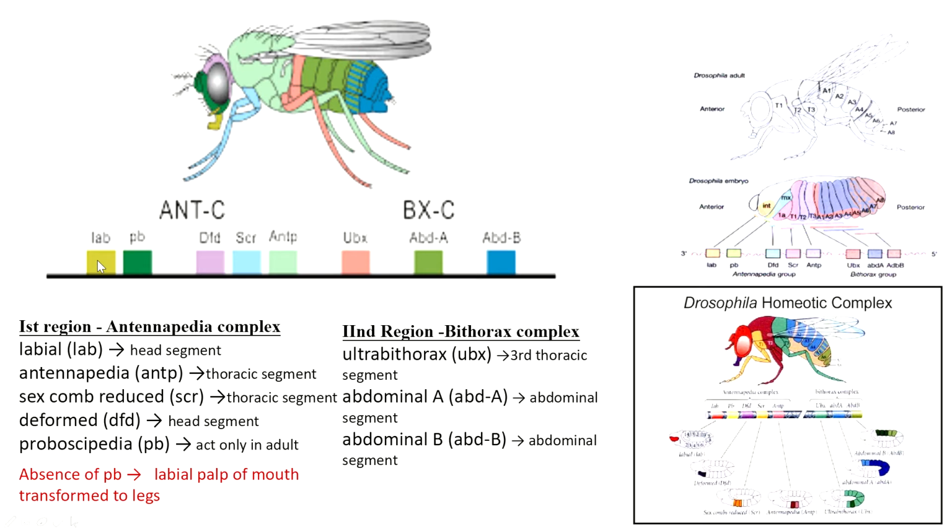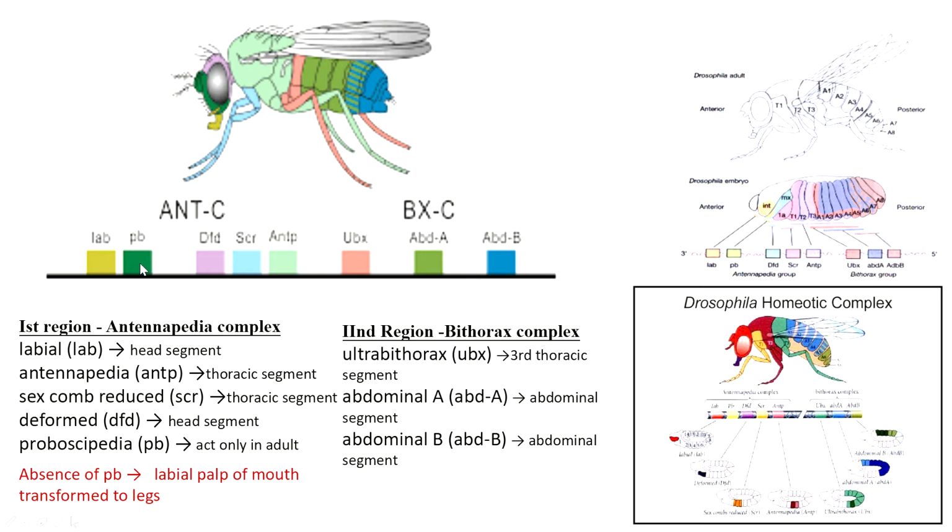See, this is the lab, and you can identify this structure similar to the lab on this adult fly, in the same color. The expression of the lab gene we can see at this region.